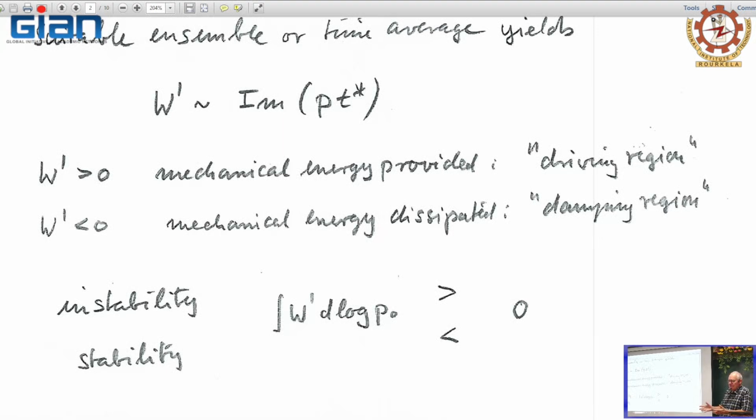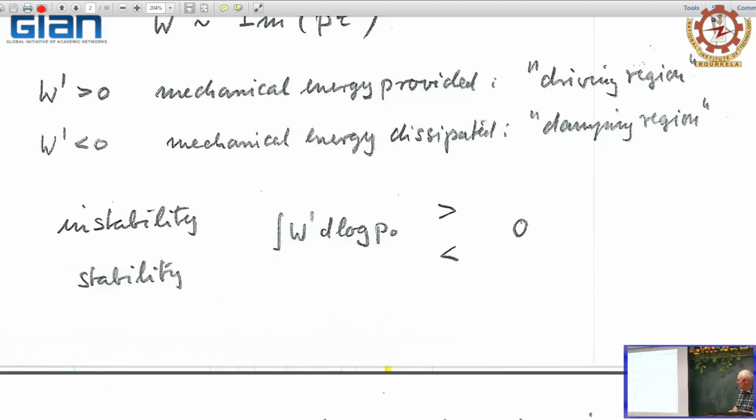For instance, how does the derivative of the energy generation rate behave in this region, or how do the derivatives of the opacity behave in that region? And then to correlate the driving regions with other quantities like derivatives of opacity and energy generation rate. So keep in mind, this differential work integral only tells you where a mode is excited, but not what the mechanism is that excites the mode.